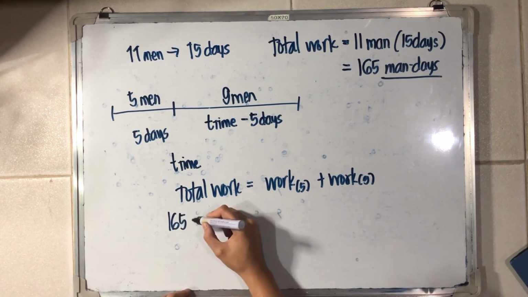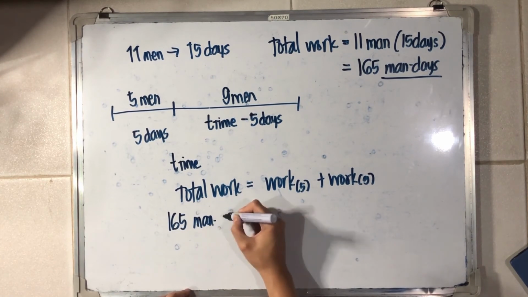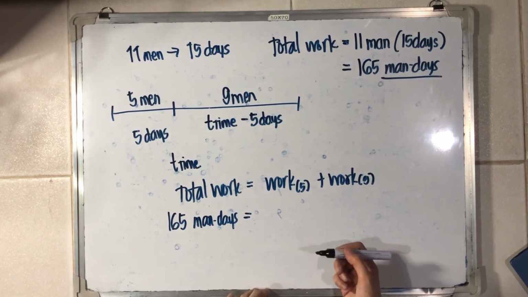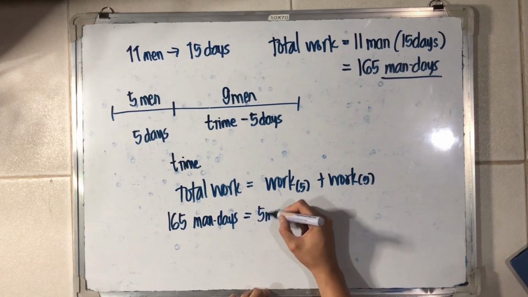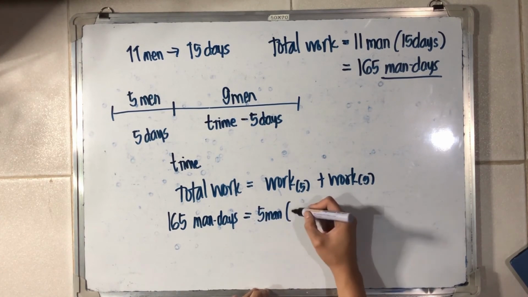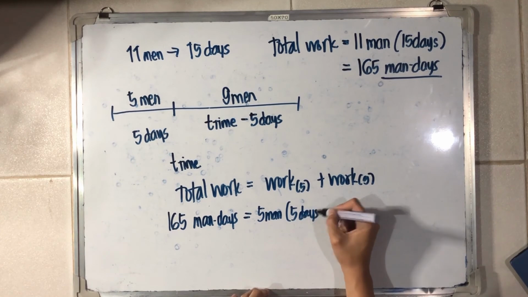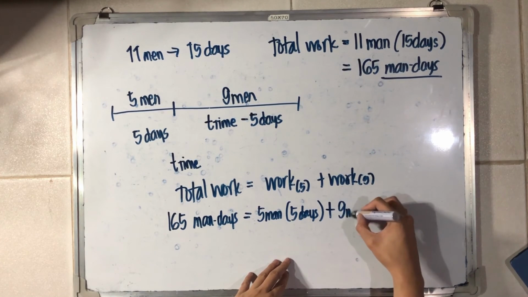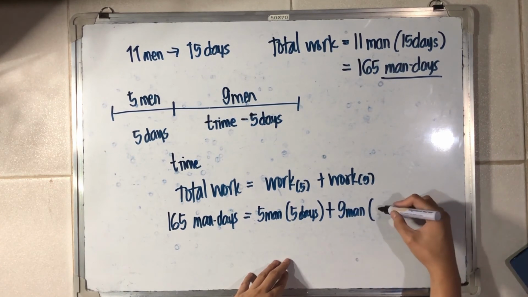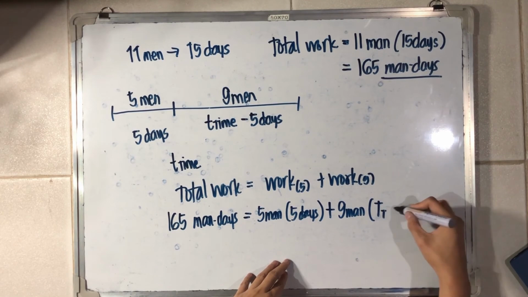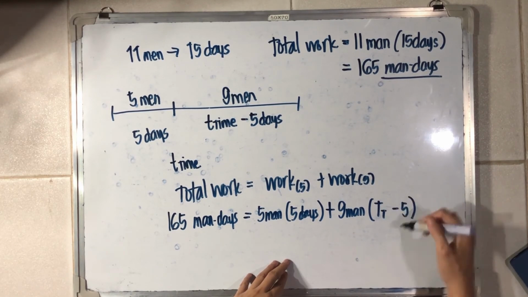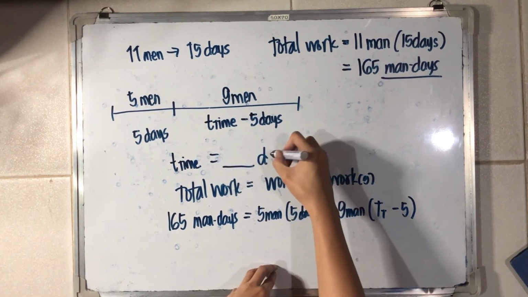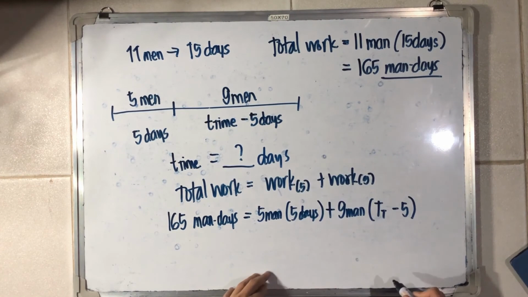So, lagay ko dito, 165 man-days, equal to yung work ng unang 5 men. Is 5 men yan in English para correct. Pero gayahin lang natin. 5 man, 5 days. Then, ito naman, 9 men. Ilang days ito? Hindi natin alam. Total time minus 5 days. But basically, days din ang kinocompute natin na unit of total time to. Ilang days din daw yan.